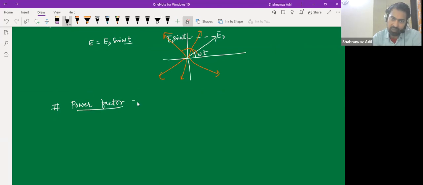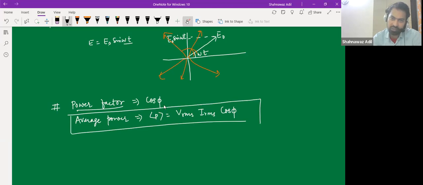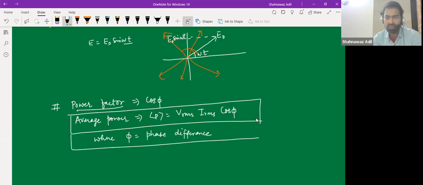The power factor was cos phi, and then we understood the average power, which was VRMS, IRMS, and cos phi, where phi was the phase difference. So these are the things that we learned.